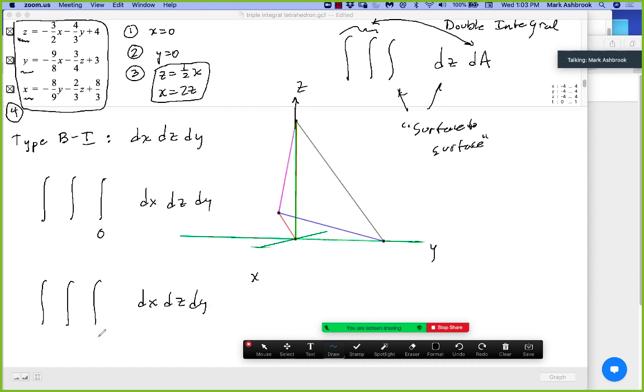The back is always 0, and for higher z values the front is this, and so we need x as a function, right? So we're going to choose this version of our plane. I'll do it here.